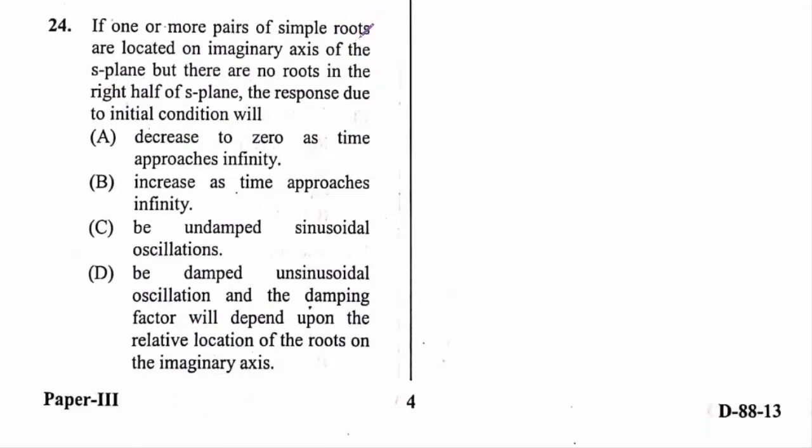24th question: if one or more pairs of simple roots are located on the imaginary axis of the S plane, but there are no roots in the right half of the S plane, the response due to initial condition will be... Now look at this, please concentrate. Bode plot is applicable for a minimum phase system, and in the case of RH criteria, polar plot, Nyquist plot, and root locus, we are very much concerned with poles.